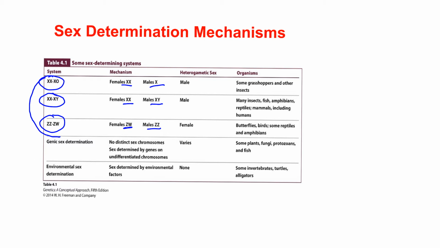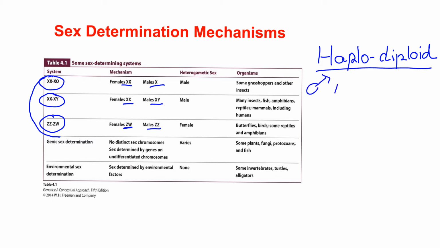In addition to these three chromosomally determined sex mechanisms, we have one more which is called haplodiploid. In the haplodiploid system, males are haploid and females are diploid. You can find this kind of sex determining system in bees, wasps, or ants. What does it imply?